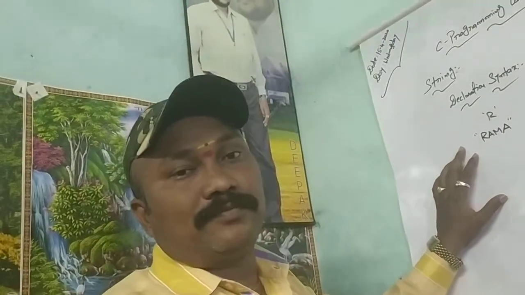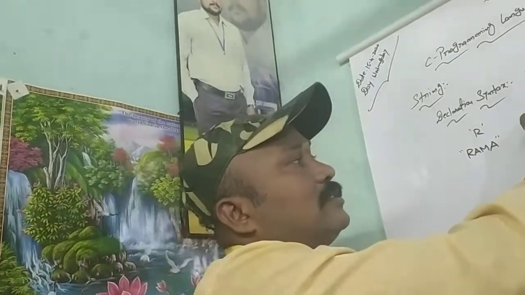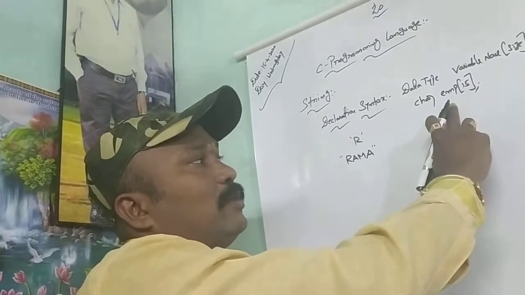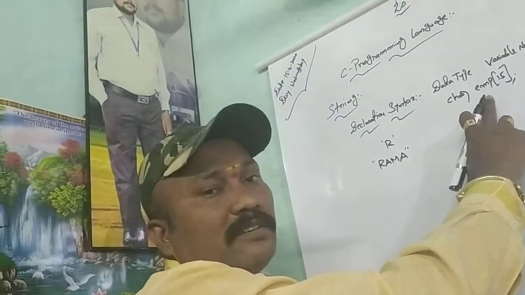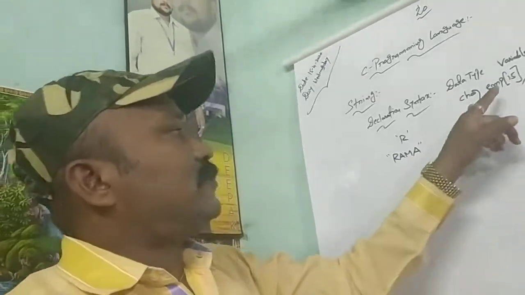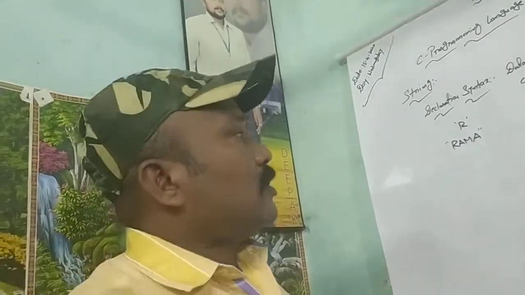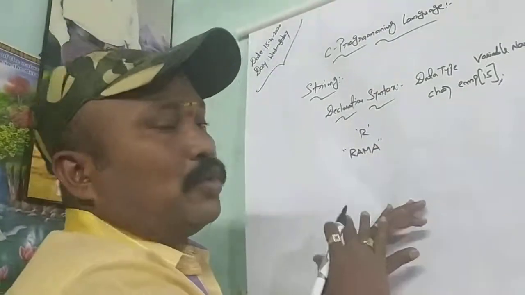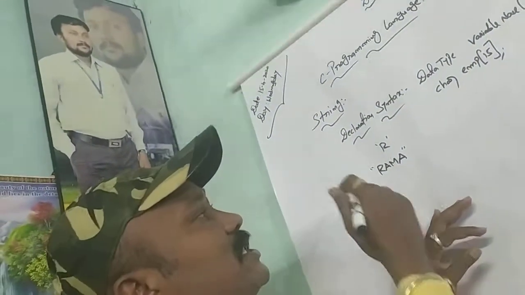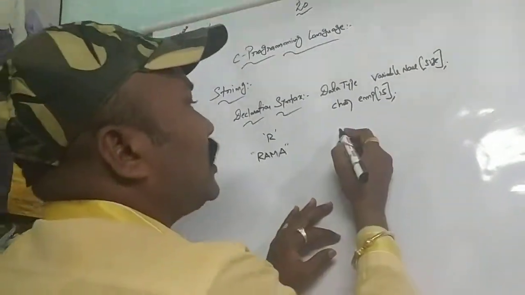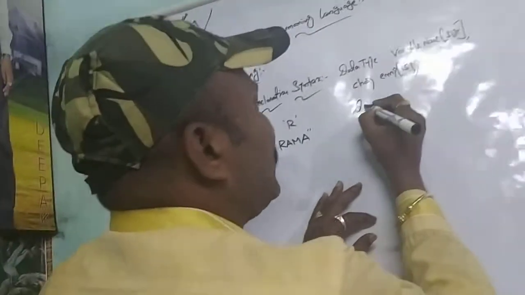Okay, then how to declare a string? Character, space, variable name, whether employee or student, then size. It allows 15 characters only. Now, my dear students, how to initialize a string? What is the syntax?